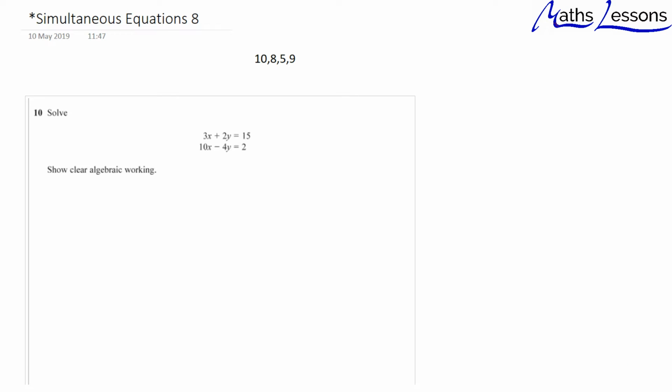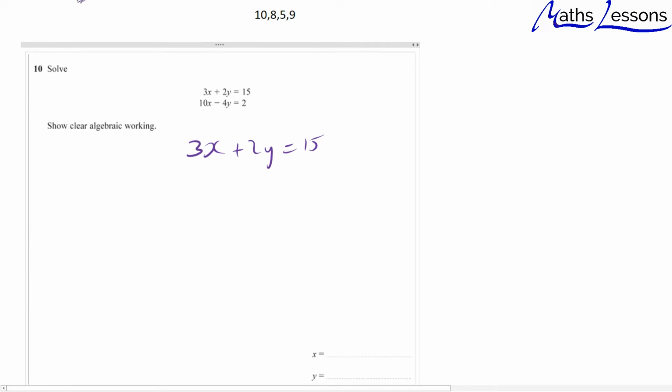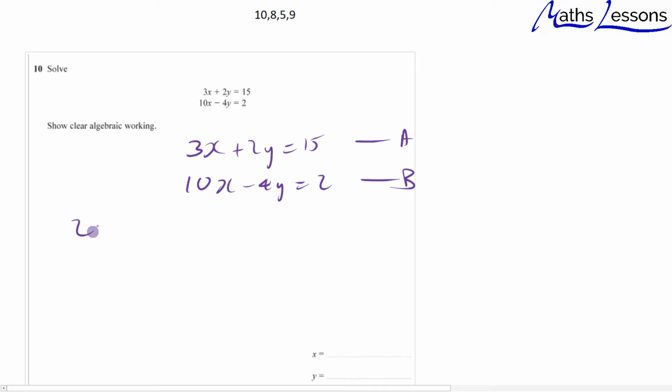Right, so that should have been time to have a go. So 3x plus 2y equals 15, and we've got 10x minus y equals 2. If we double this, the y's will match. We'll call that a and call that b. So we do 2 times b, and we'll get 20x minus 2y equals 4.